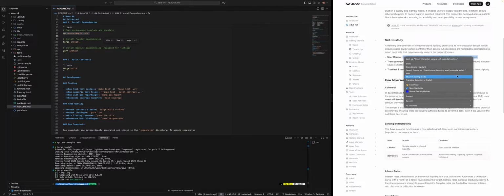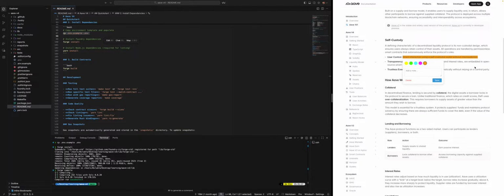Okay, I'll just mark it. I think there was a shortcut, yeah. I'll just do this. So user control: direct interaction using a self-custodial wallet.